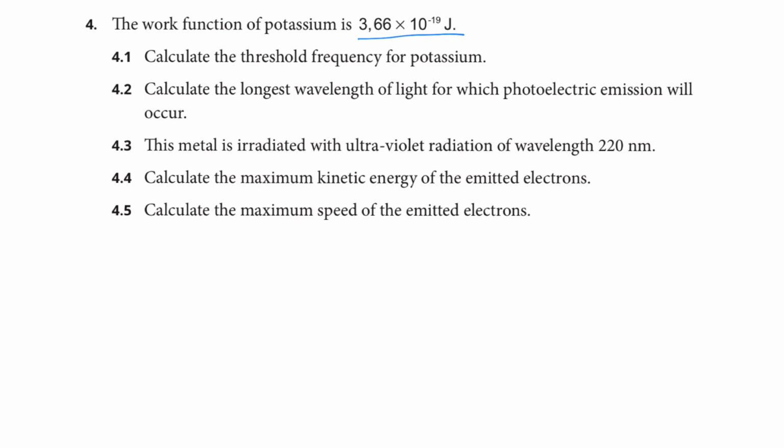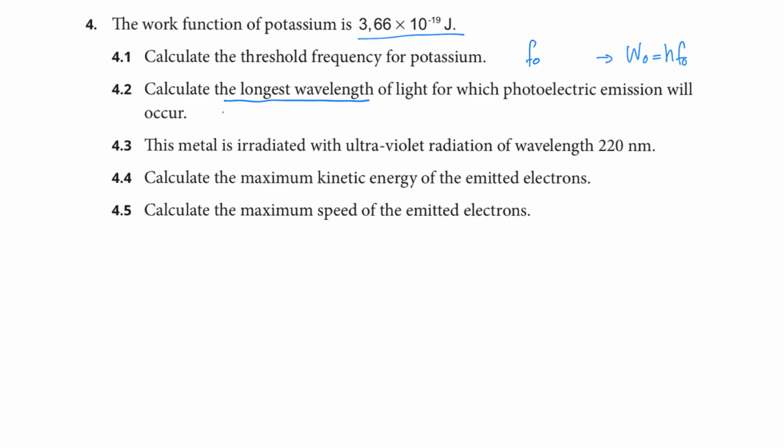All right, the first thing they want is the threshold frequency, so you're looking at f0. The formula we can use for that is W0 is equal to hf0. The next one is calculate the longest wavelength of light for which photoelectric emission will occur.